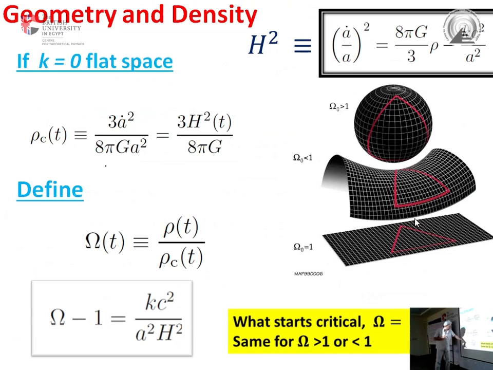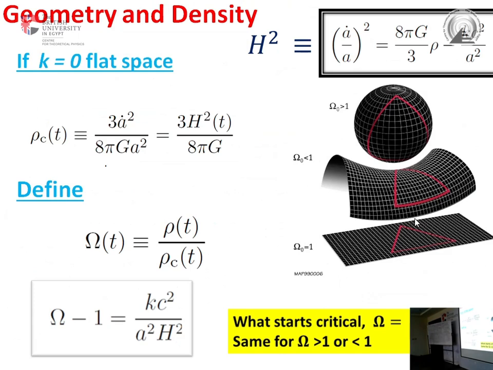Now, the curvature is connected to the ratio of the real universe's density to that of our flat universe, where we defined rho c with k equals 0. So rho is equal to rho c, because we live in a flat universe, and k is 0. This is what people believe is true.